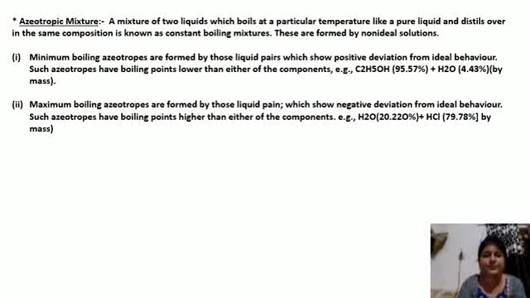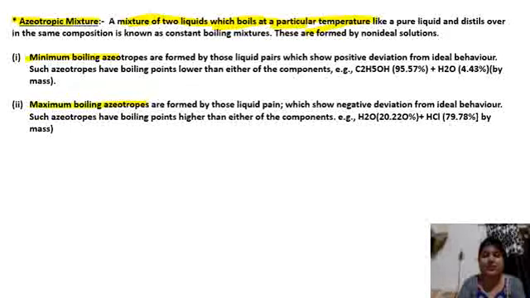Now, the last topic for today's presentation is azeotropic mixture. What are azeotropic mixtures? They are mixtures of two or more liquids having constant temperature. Means they are the constant boiling azeotropes. Okay, their composition is the same and these are constant boiling mixtures. These are of two types: minimum boiling azeotropes and maximum boiling azeotropes.